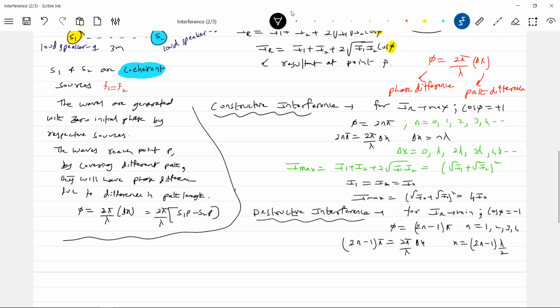The path difference between the waves arriving at point P should be equal to 2n minus 1 times lambda by 2. Put n equal to 1, 2, 3, 4. So what are the path differences now? This should be equal to lambda by 2, 3 lambda by 2, and so on.